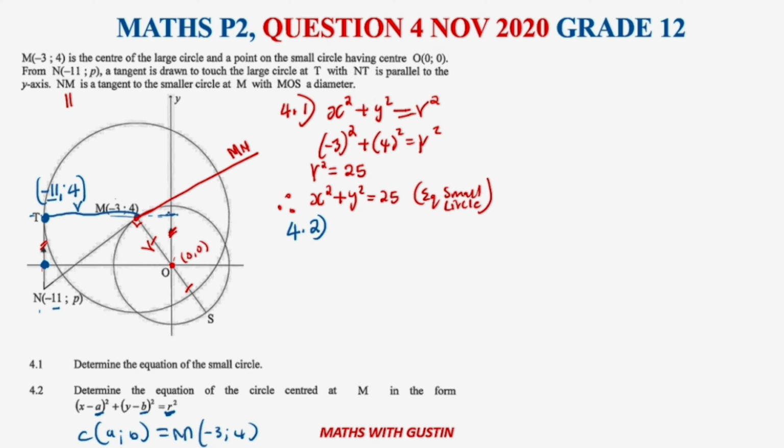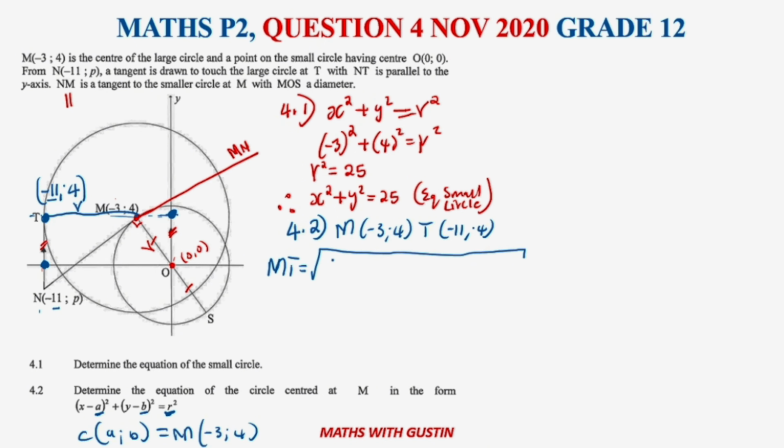Even here, m shares the same y value, which goes all the way to t. So if m has a y value of 4, therefore t should also have a y value of 4. All right, so now what do we have? We have m here at -3, 4, then we have t here at -11, 4. Great stuff. So now we can go ahead and use our distance formula to find mt, which is also there.